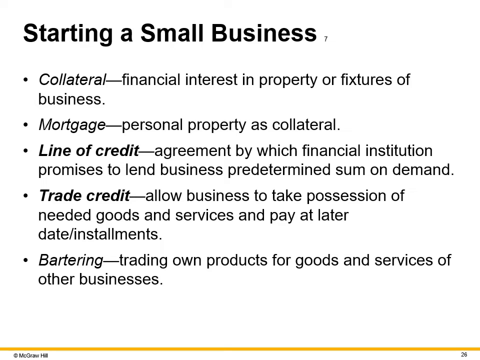Suppliers allow the business to take possession of the needed goods and services and pay for them at a later date in installments. Occasionally, small businesses engage in bartering, trading their own products for goods and services offered by another business. Some community groups, state or local agencies sponsor loans, especially to minority business people or for development in certain areas.